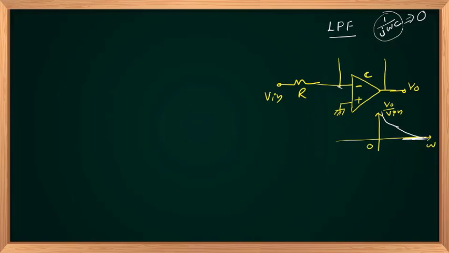Then it goes to 0 at omega infinite. At omega equal to 0, V out will be a constant depending on the polarity of V in, either plus VCC or minus VCC, saturated.